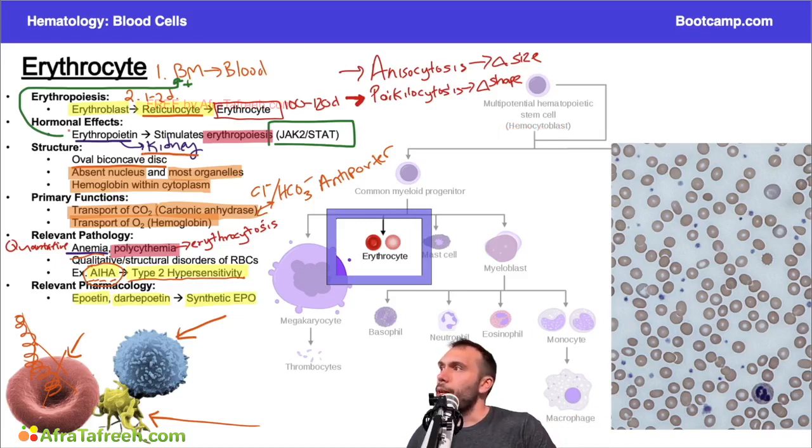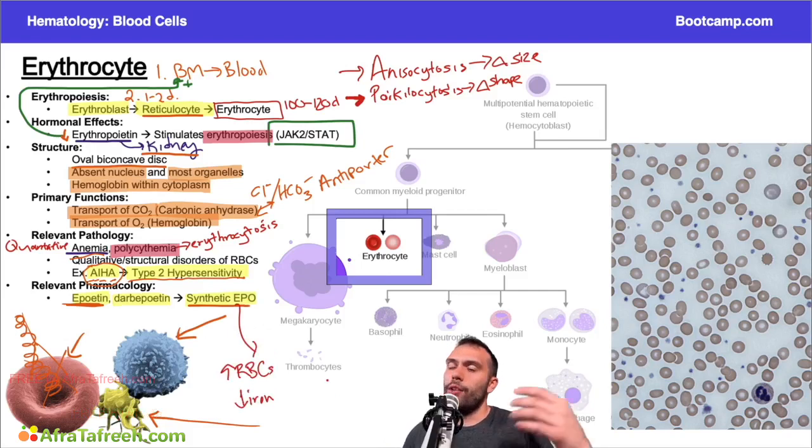We already said that, right? So you might have very low levels of EPO in these patients, and so you might give them some synthetic analog. The thing about this is when you start to give patients synthetic erythropoietin, you're going to stimulate the bone marrow to produce red blood cells at a much faster rate. So sometimes what happens here is you start producing red blood cells so quickly that your iron stores get completely depleted, because the iron stores are essentially trying to keep up with this rapid proliferation of your red blood cells from this synthetic EPO.